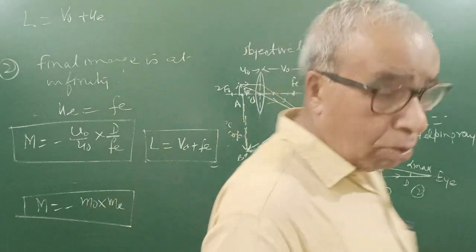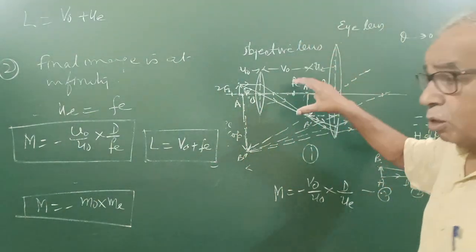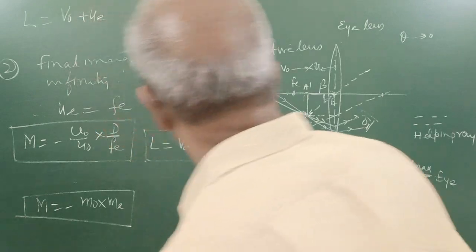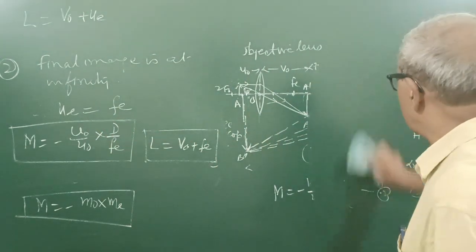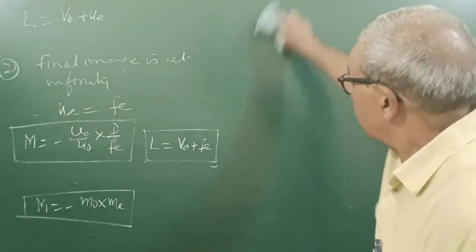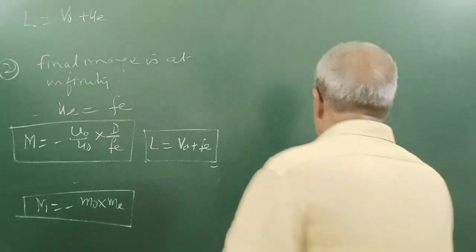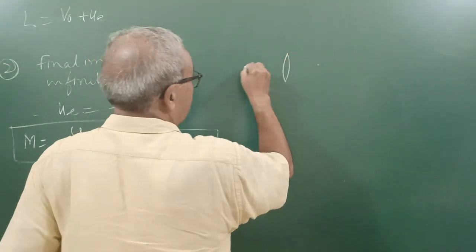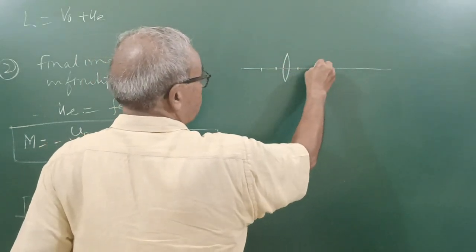Many questions are asked on this topic, and please draw the diagram two or three times. You may also be asked the diagram when the final image is at infinity, meaning for a relaxed eye. For a relaxed eye, how to draw the diagram? The video will get a little longer, but I am doing it here. Objective lens, F, F, 2F.